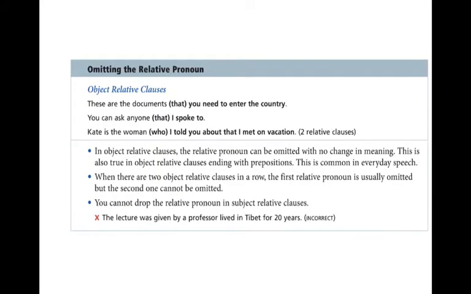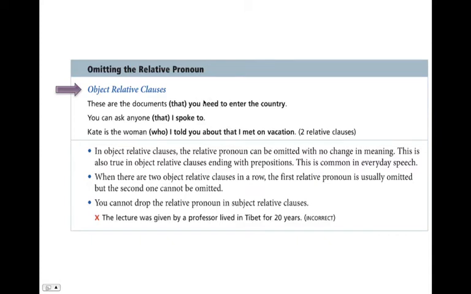Now let's talk about omitting the relative pronoun. In object-relative clauses, the relative pronoun is optional. You can say, these are the documents that you need to enter the country. So let's analyze the grammar of the relative clause. The subject is you. The verb is need. You need something.